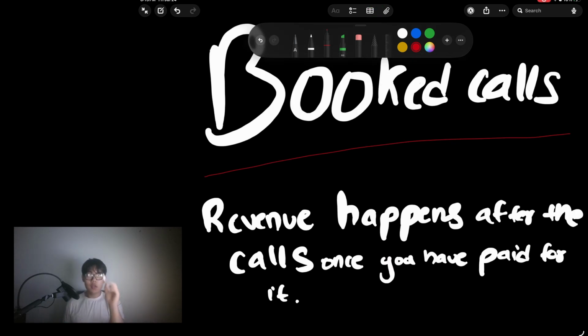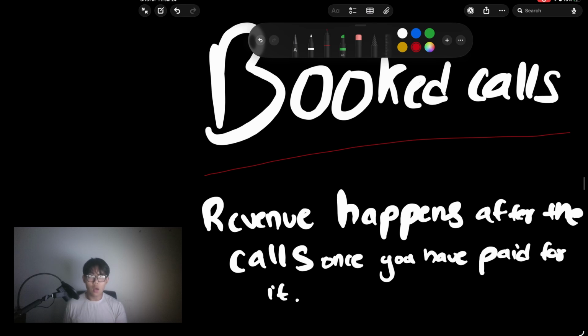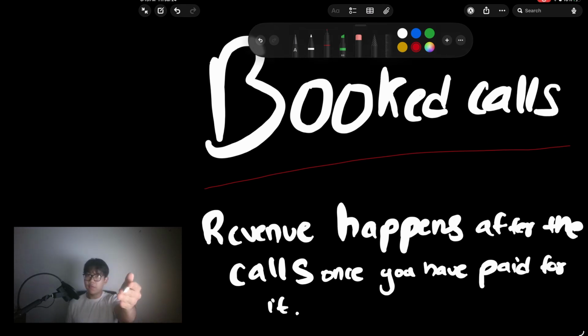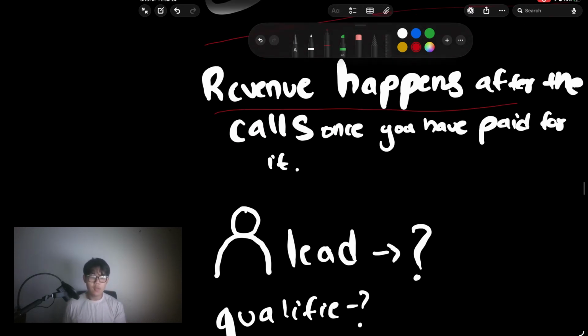Yeah. But your first optimization or your first motive is to get more booked calls, not more customers, because more qualified booked calls is eventually going to get you more customers. So, as you know, revenue only happens after the call, which you have already paid for through ads.